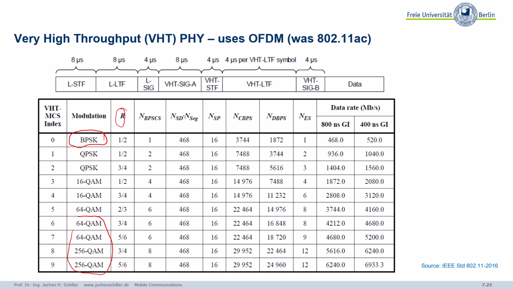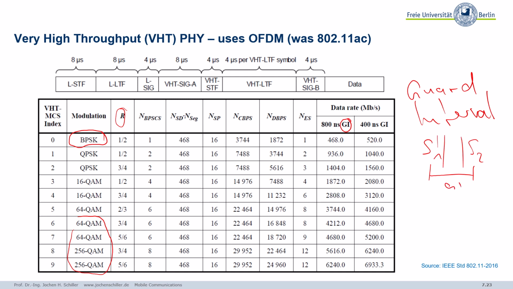And then it depends on the so-called guard interval, GI. That means the interval between symbols. You send a symbol 1, a symbol 2, and then you have to have a guard interval in between to avoid inter-symbol interference. That's a problem.